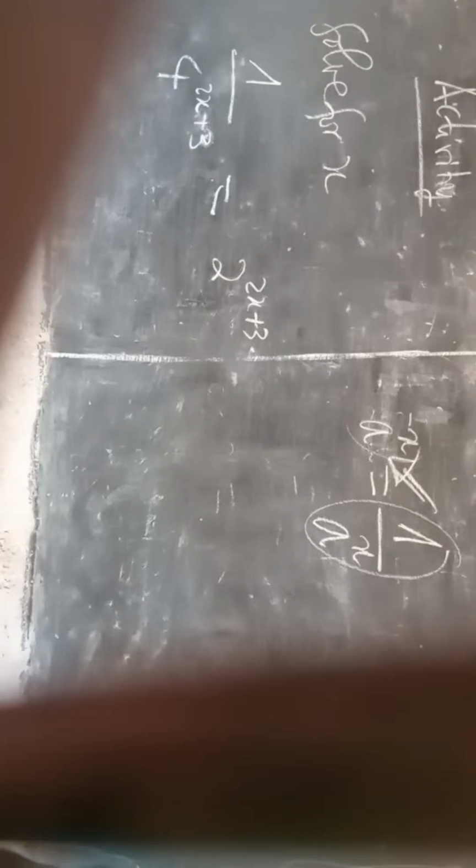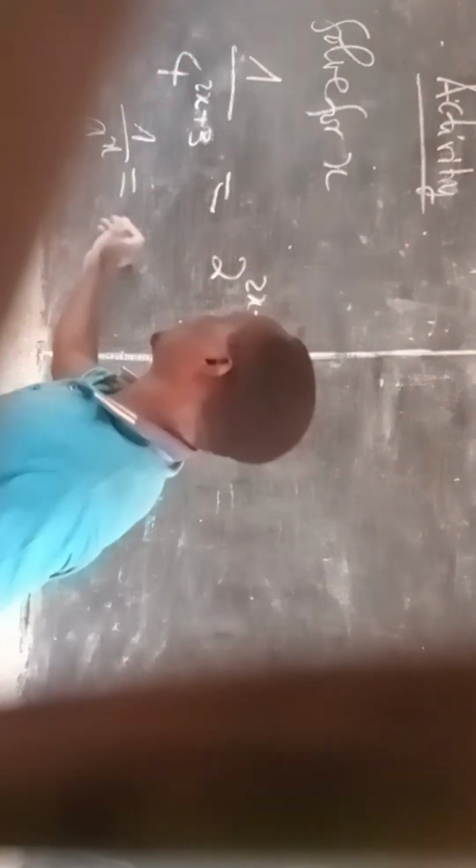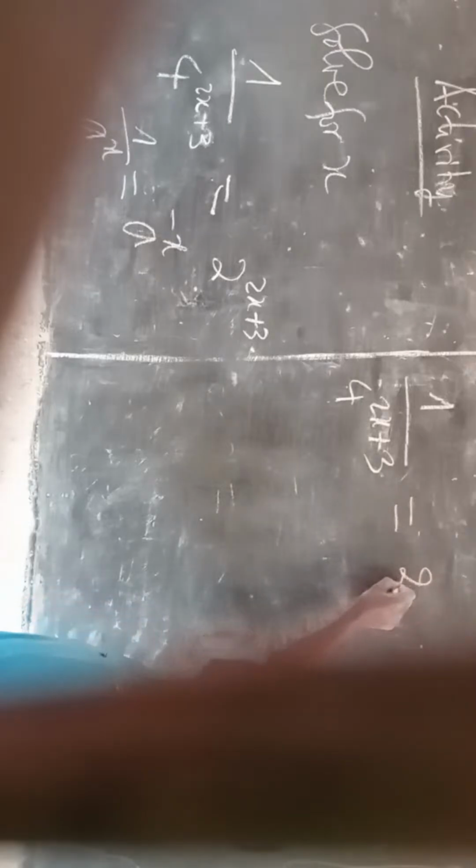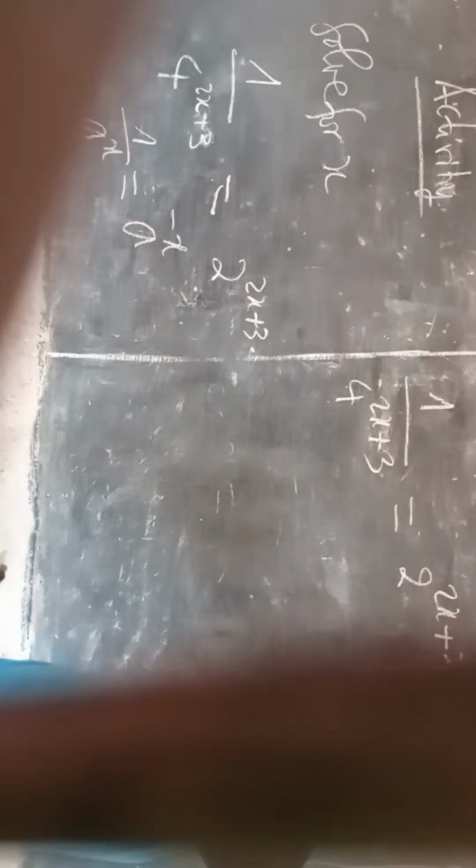Yes? Now let us continue. As I told you, we are going to use this when you are given 1 over a power x, which is equal to a power minus x. Now we have 1 over 4 power 2x plus 3 is equal to 2 power 2x plus 3.